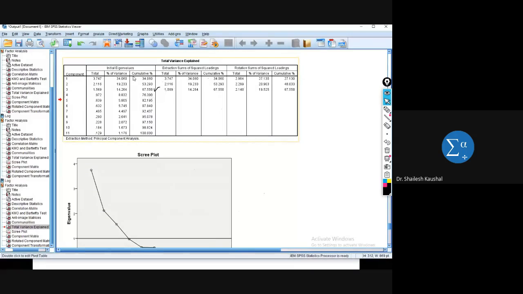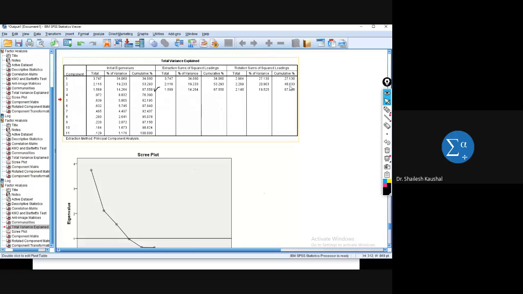Okay, so this is the initial eigenvalue, and here it is the same, you can see in this table. This is the rotation sum of squared loading. When we rotate, the total cumulative value would be the same, but the variance would be different.